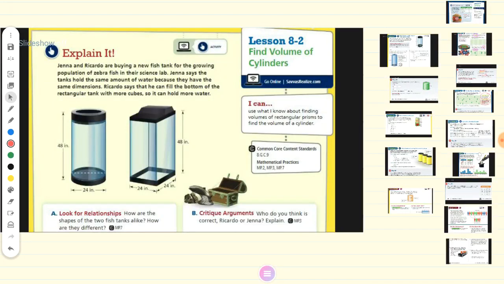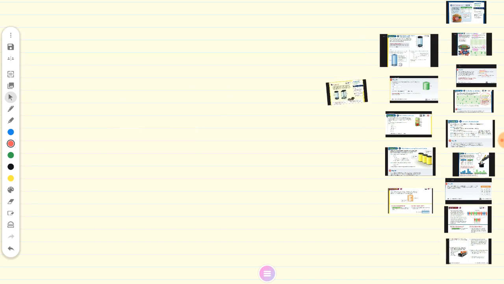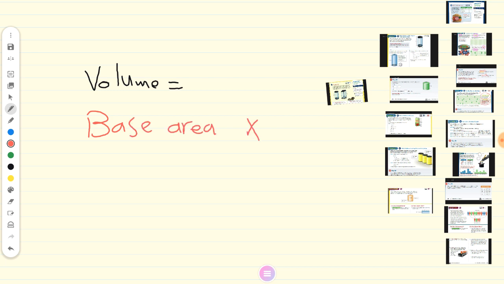Actually, the volume of anything, of any shape, equals base area multiply height.